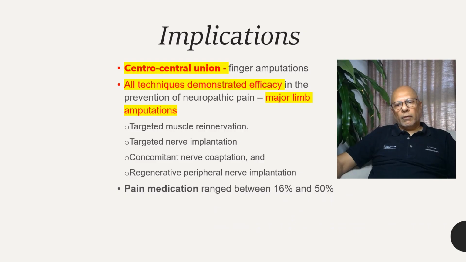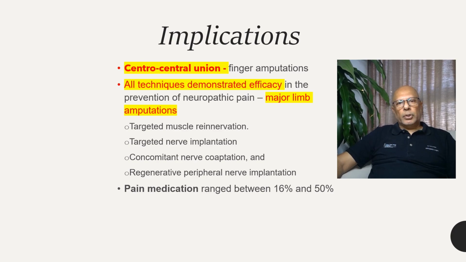The implication of this systematic review is that for finger amputation, central union, that is the suturing of the nerve ends to each other in an attempt to prevent neuroma formation, was useful. This is a technique that would be recommended based on this systematic review for finger amputation.